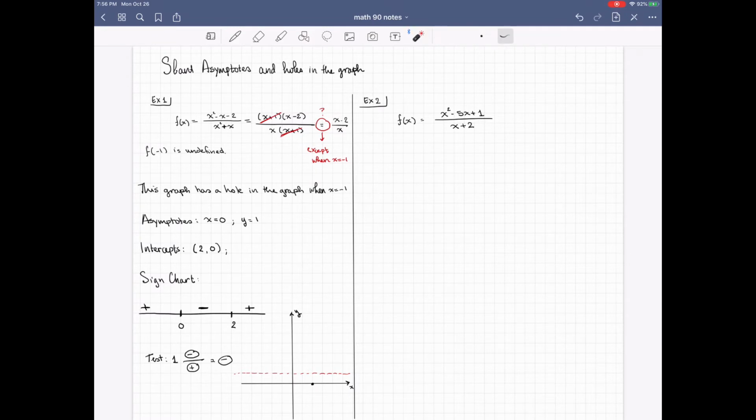Everywhere to the left of 0, my function is positive, so the graph is above the x-axis. But don't forget, I've got my asymptote to contend with here and here. So that tells me that the graph has to look like this. For the other piece, between 0 and 2, the function is negative.